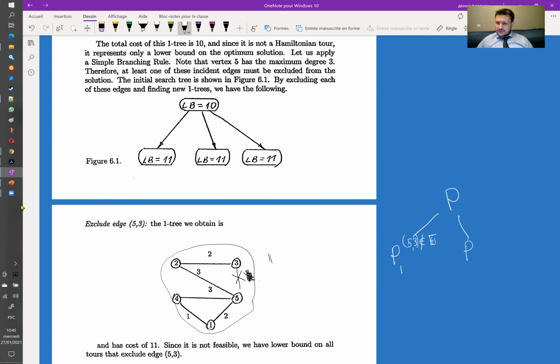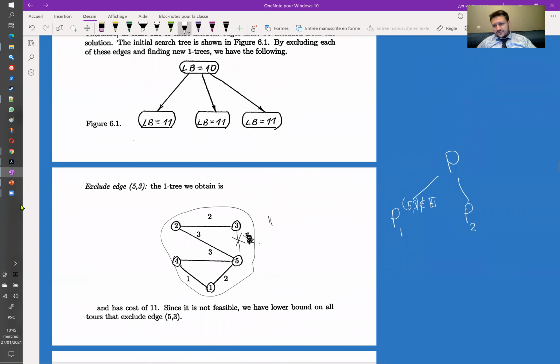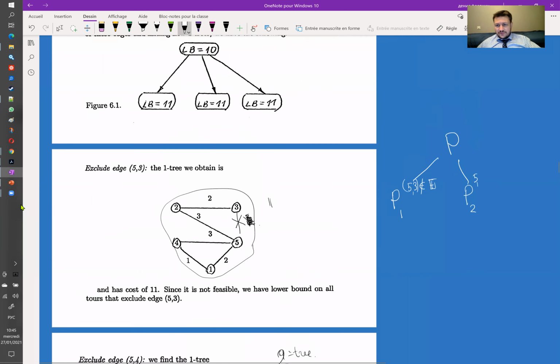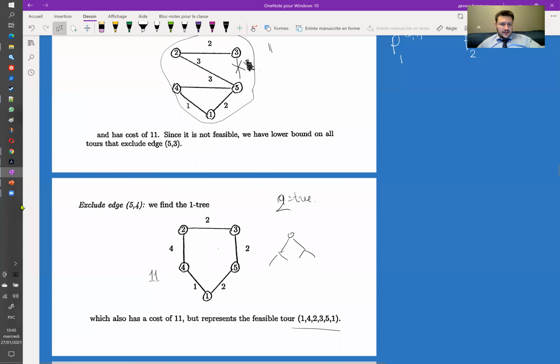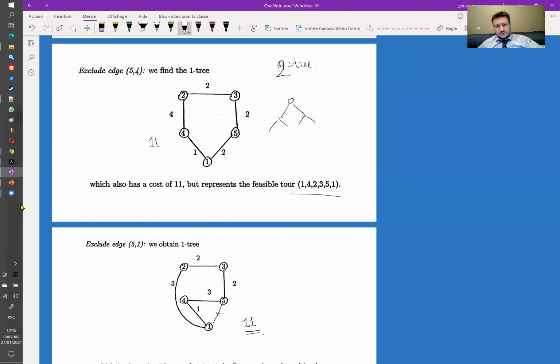We can also try to solve the problem when we have excluded 5,4, and 5,1.